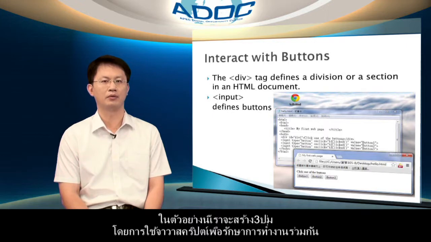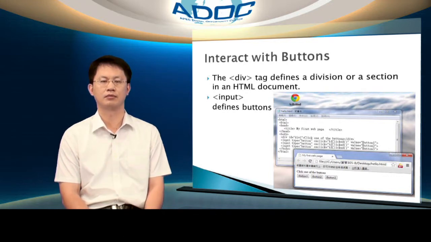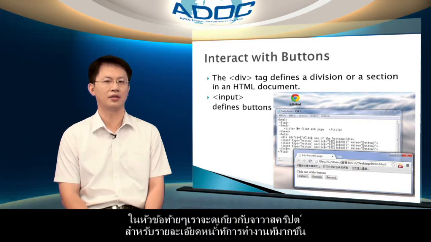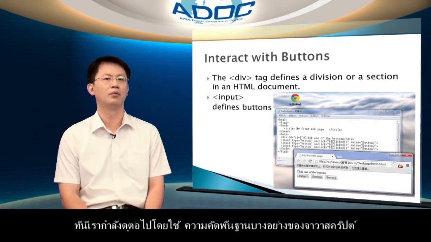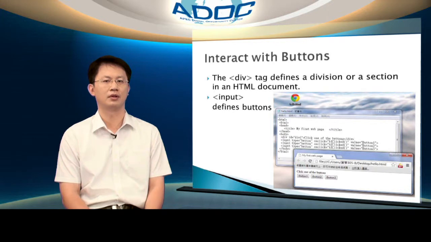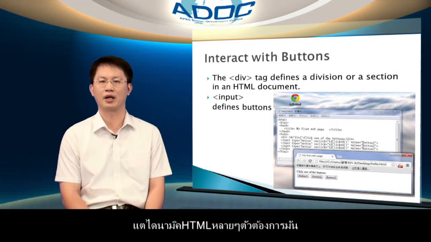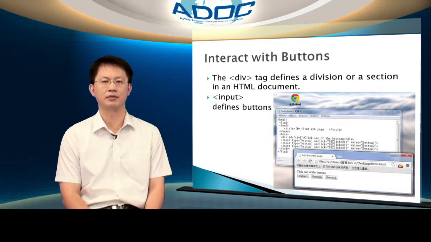In this example, we will create 3 buttons by using JavaScript to handle interactions. In the later sections, we will look into JavaScript for more detailed functionalities. Here we are looking ahead by using some basic ideas of JavaScript, but a lot of dynamic HTML demands it.